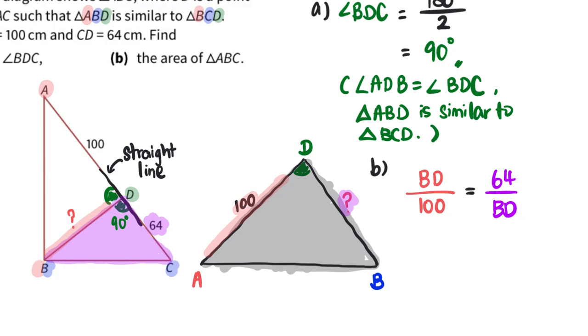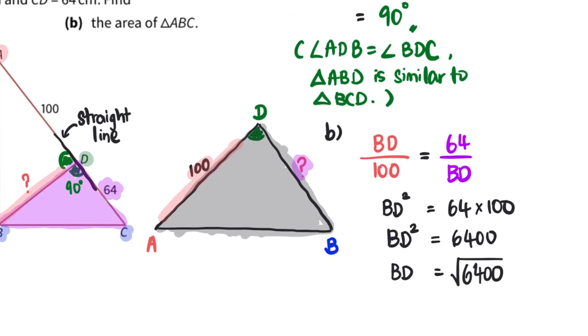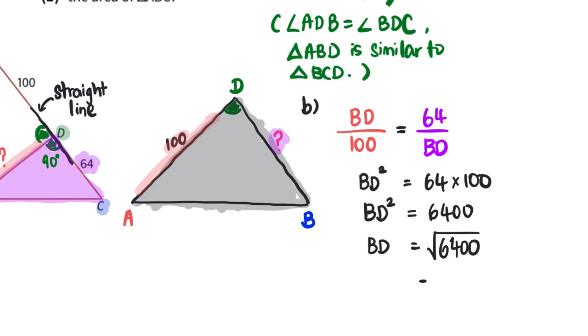So by solving this equation, I would multiply BD on both sides to get the square, and I multiply 100 on both sides. So 64 times 100 is 6,400, and therefore my BD is simply the square root of 6,400, 80.